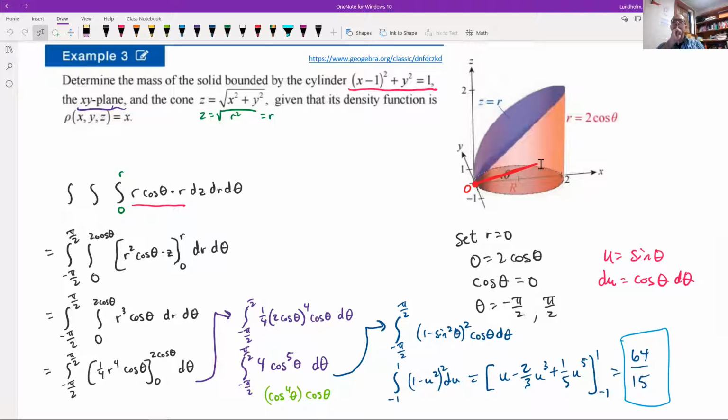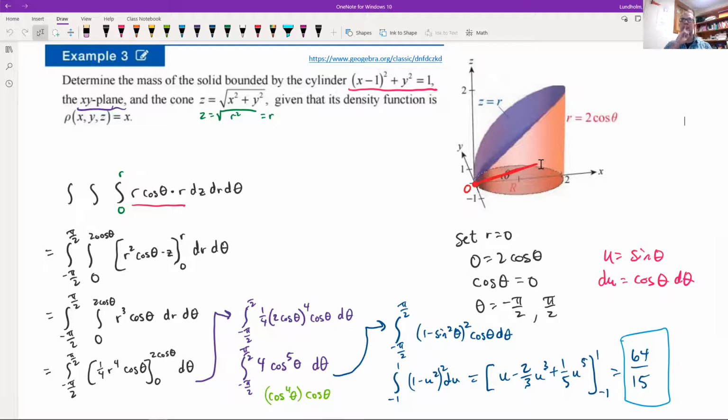And in order to do a good job of that, oh, great, this is the part that I erased. I think we need to put that into polar coordinates. Let's do that.